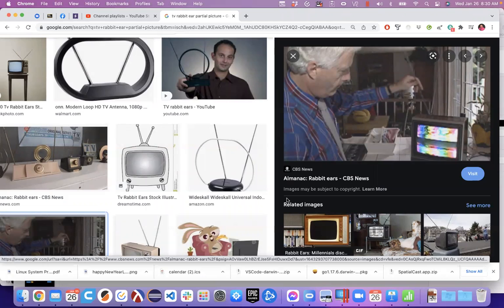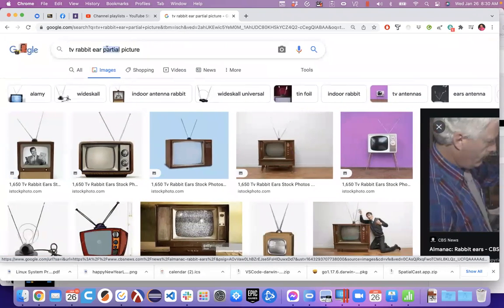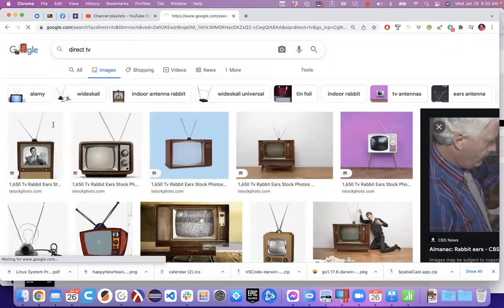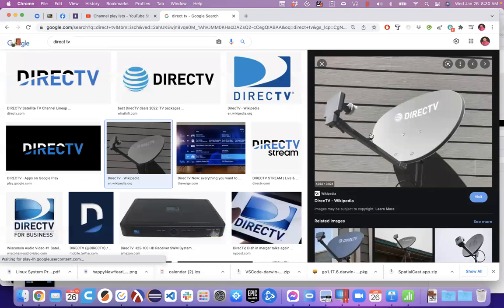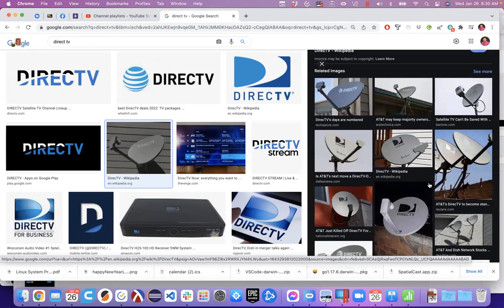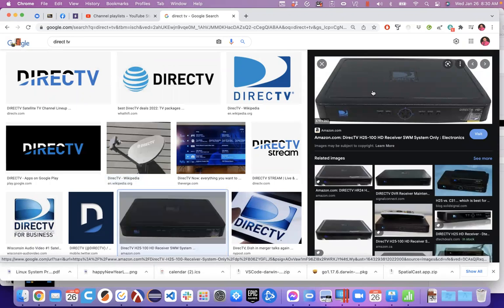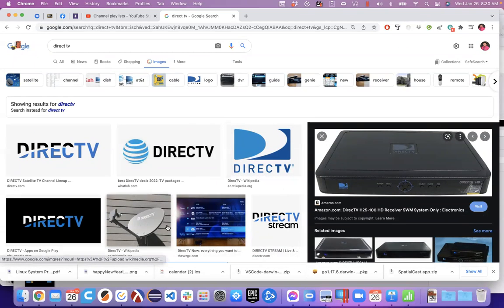If I do DirecTV, you have this satellite dish outside your house, something that looks like this. Like in India, Tata Sky. So you have those kinds of things, and that comes into the house into a box, a DirecTV box, and then that box decodes it. So what's one of the big complaints people have with satellite-based TV?